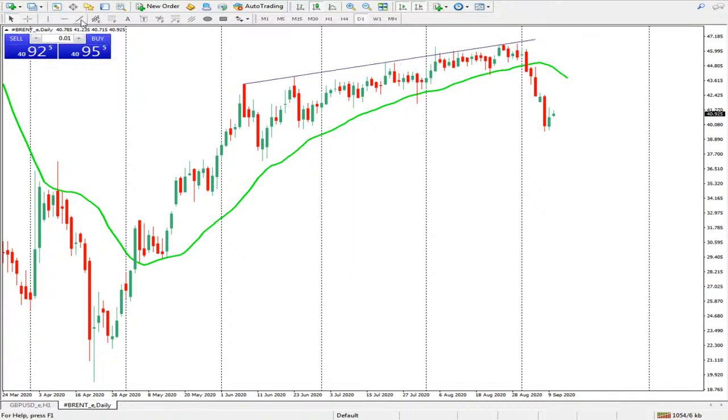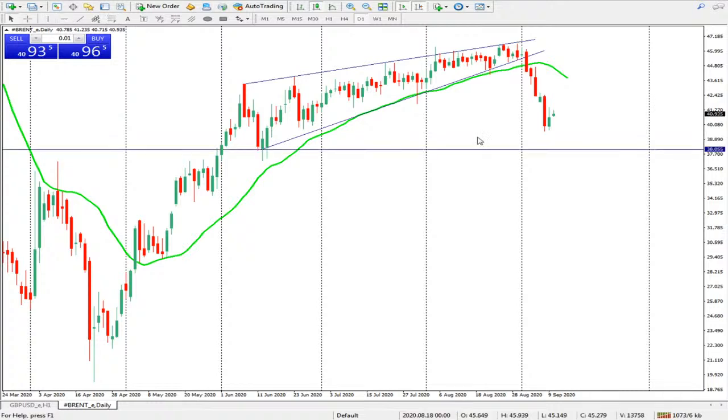We had this shape here from the upper side, and then there is this massive break to the lower side. So we do expect a continuation up to this point, 38.055. If you're on this chart now, you are supposed to be looking for sell orders. Expect price to proceed down to around 38.055.